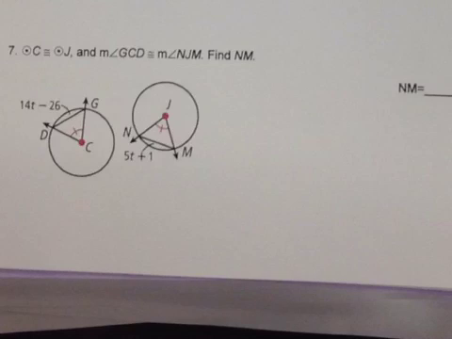Okay, now down at the bottom, number 7, circle C is congruent to circle J. What does that mean? Before I go on further, I might want to think about what that means. The only thing they told us about congruent circles is they have congruent radii. So that must mean all the radii are congruent. So we're going to keep that in mind. Actually, I'm going to write it down here: all radii congruent.